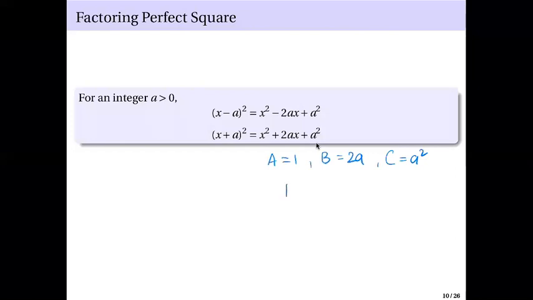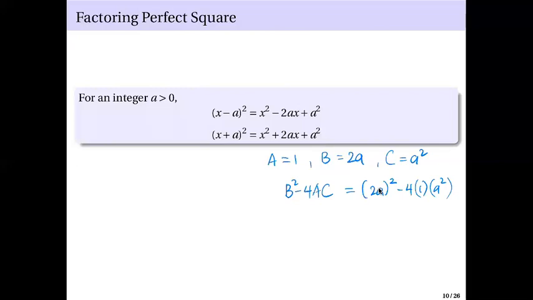And what's your B squared minus 4AC? So B squared, you have (2a) squared minus 4 times 1 times a squared. That's your C, correct?